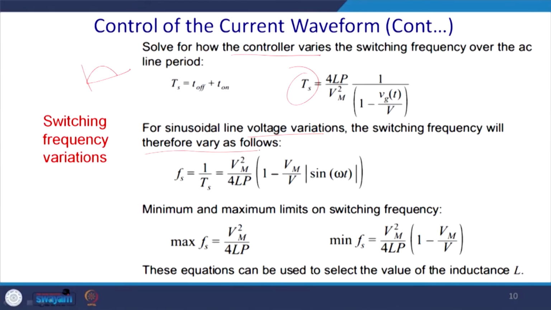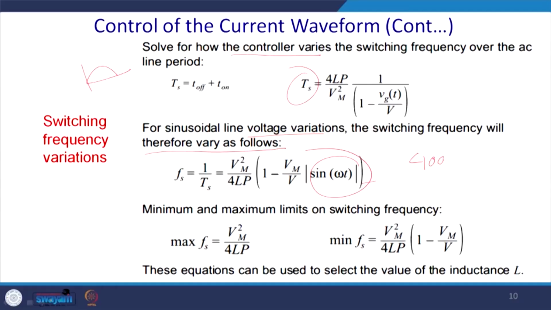Though 50 hertz is quite fast for us, with respect to the switching frequency it is a quasi static process, and thus with the sinusoidal line voltage variation, the switching frequency will vary as follows: 1 by Ts equals Vm square by 4 Lp, 1 minus Vm by V sin omega t. So, there will be a little variation of the switching frequency because of the slowly varying voltage.